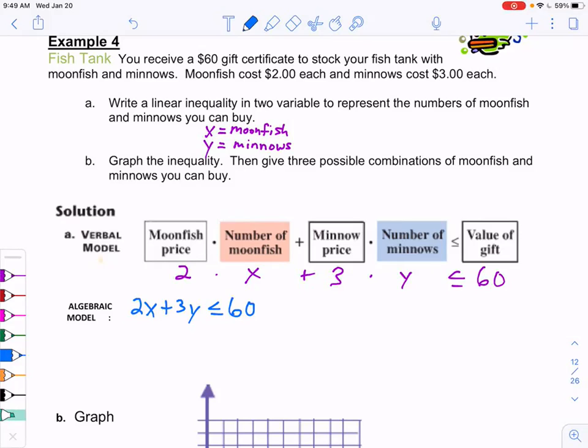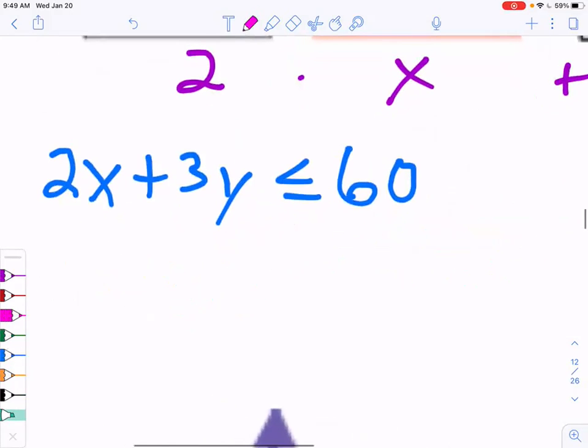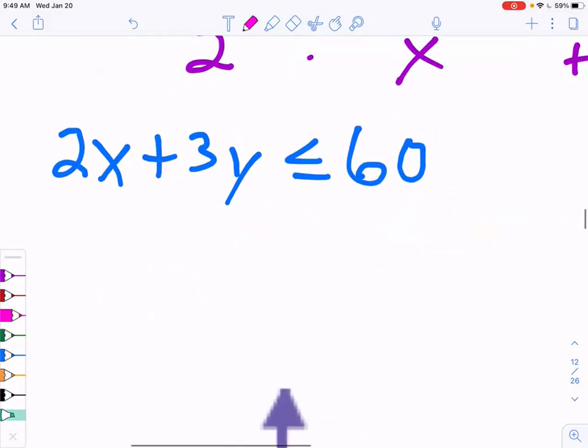If we want to graph, what do we solve for, TJ? Yeah, y. What's the first step? Yeah, subtract 2x.